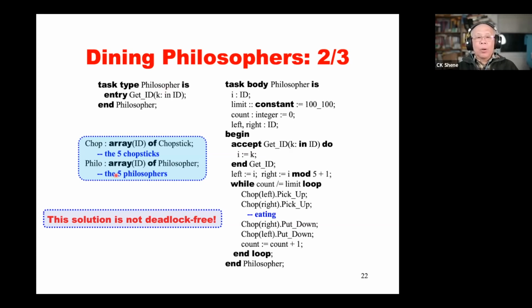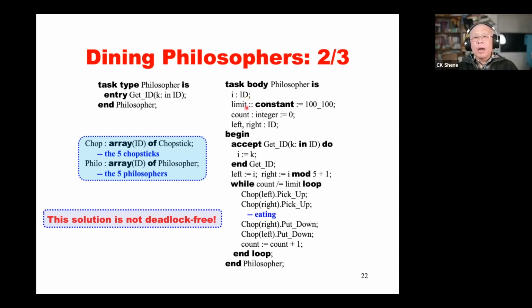We have a local declaration here, which will be repeated on next slides. Chop is an array of ID 1 to 5 of task chopsticks. In philo, the philosopher is an array of 1 to 5 of philosophers. Now, this is the task body of a philosopher. I is the ID 1 to 5 value.